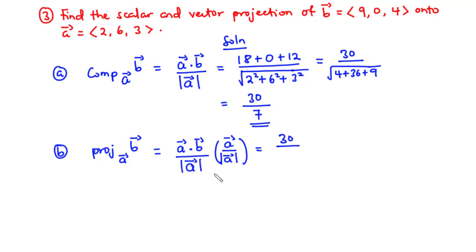So we have 30 divided by the magnitude of vector A, which is 7, times vector A, that is the components 2, 6, 3, divided by the magnitude of A, which is also 7.